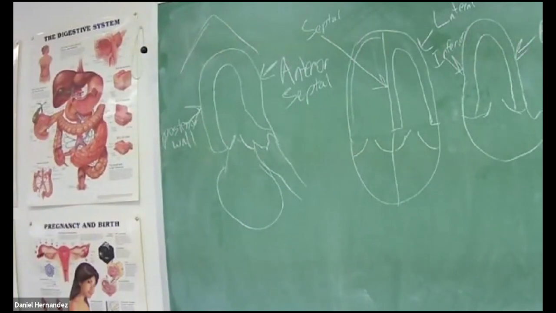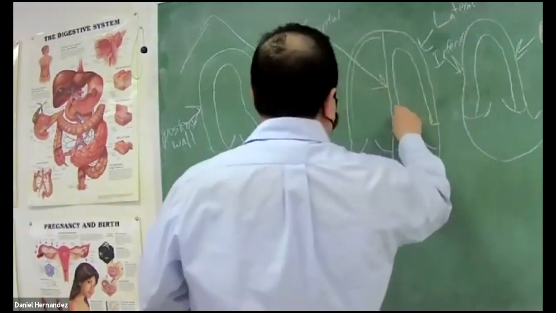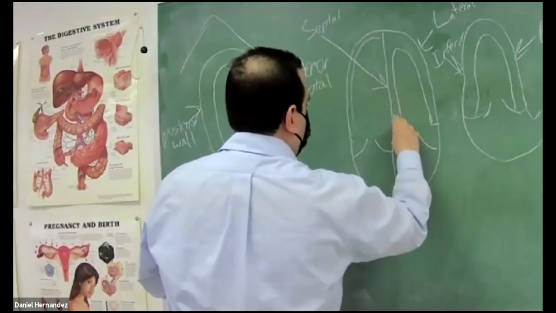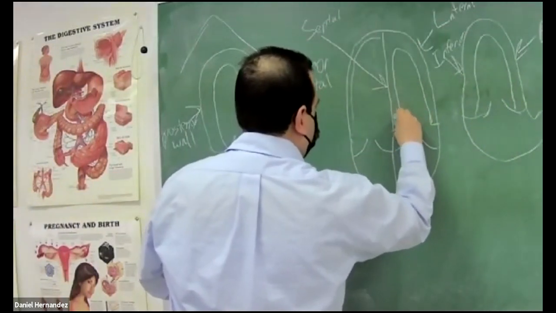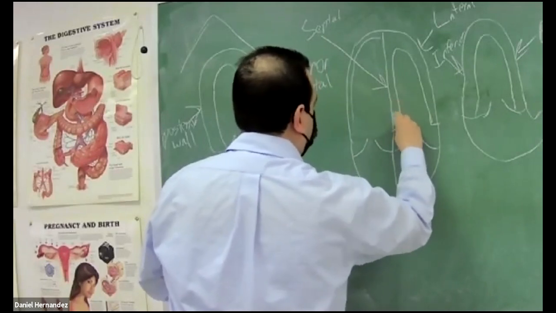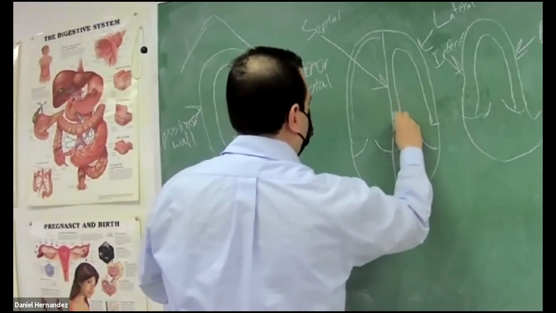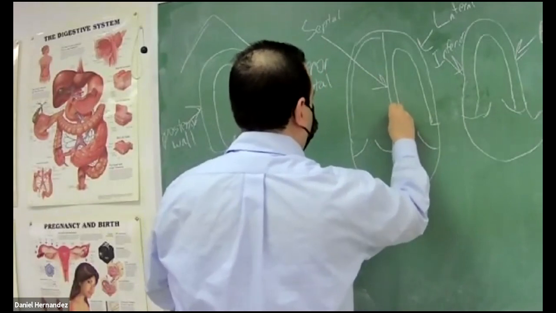All right, so 4-chamber, if we start with the right coronary artery, you have a small segment of the basal septum for the right coronary artery. So I'm making this blue.